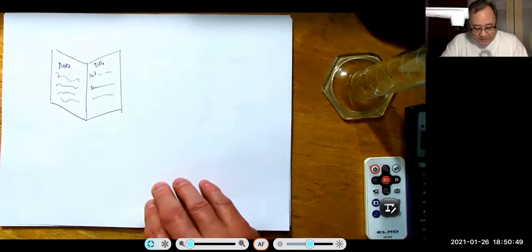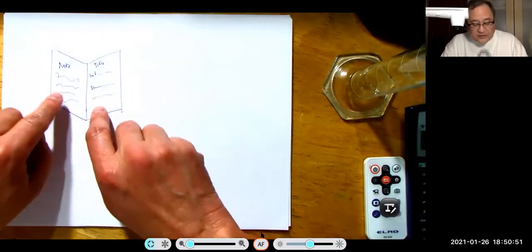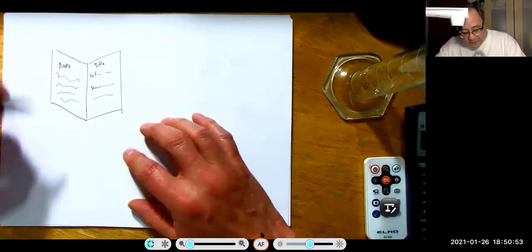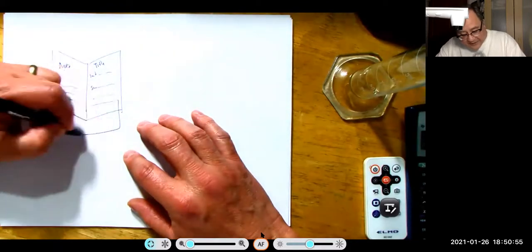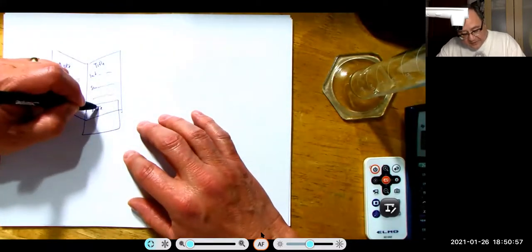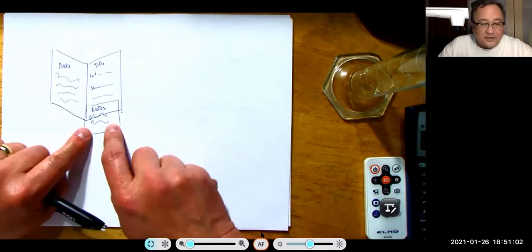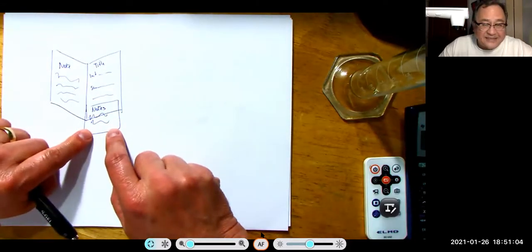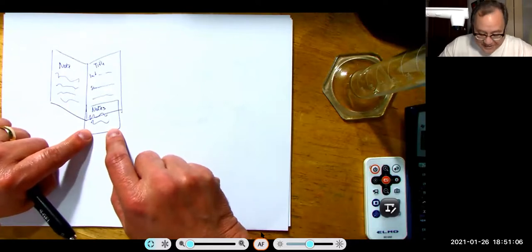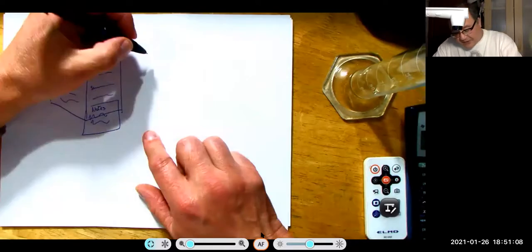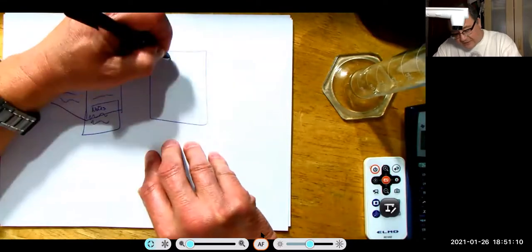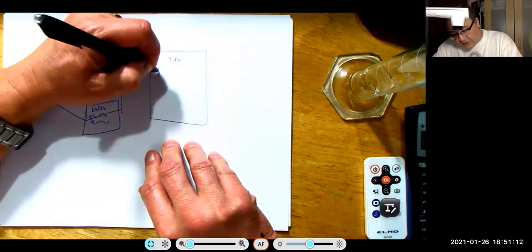Now, if you're doing something like that, that's the way I would do it, but it's okay for you to have spaces in here that say notes and then have stuff written down. The way I've drawn this, it looks bad. You're not allowed to tape pages in and have it extend past, but you could have a page that looks like this. Here's your title. Here's your intro.